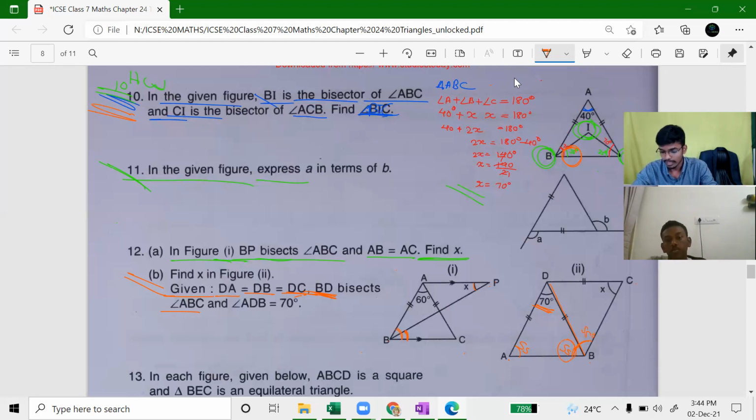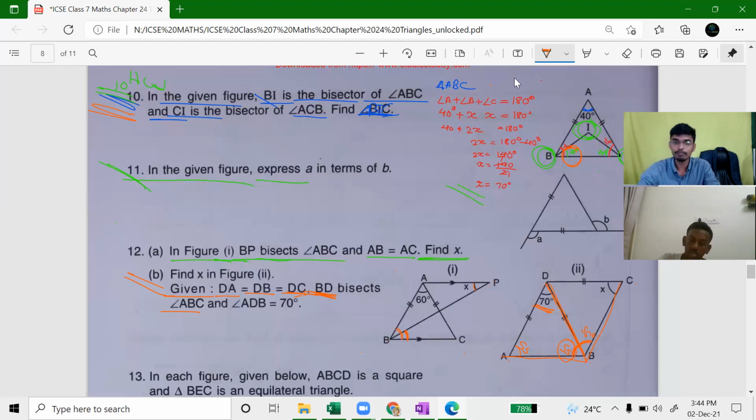Why? Not because they are vertically opposite angles. They are angle bisectors. This is one angle, and this is the bisector.